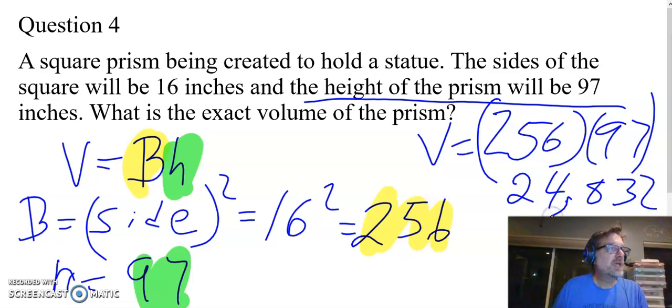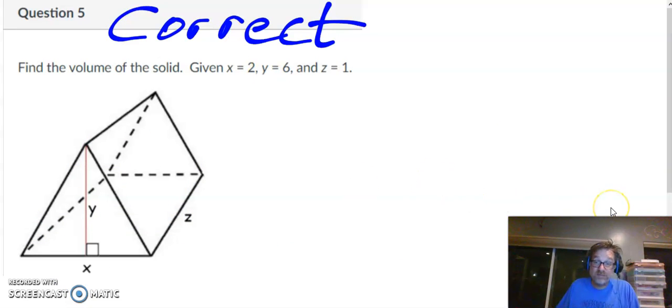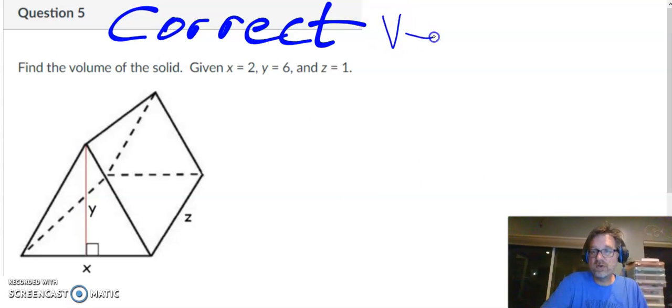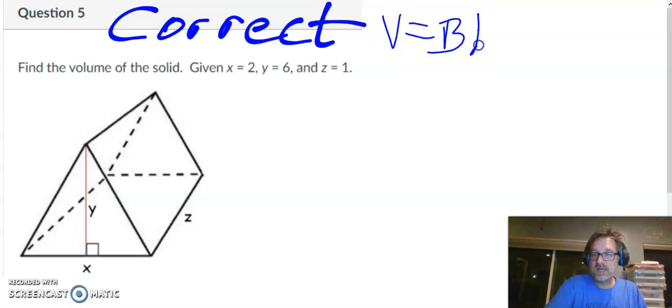That's a comma. And that'll be in cubic inches because both of those are in inches. We did miss this one. You got 341. I really don't know how you got 341, but that is how you get the right answer. So 5 you got correct. Yay! So if we're looking at it though, remember volume of this solid, volume equals big B times little h.